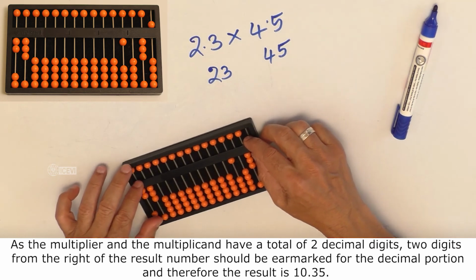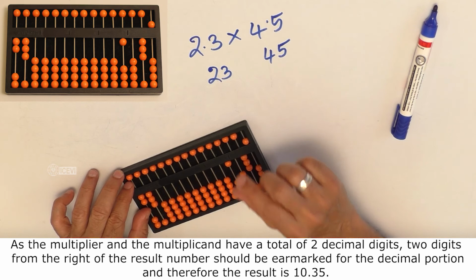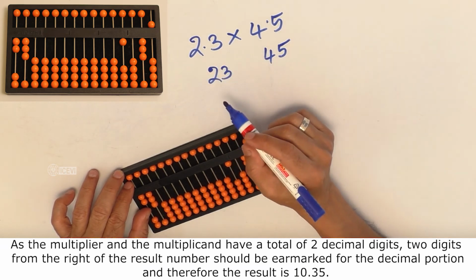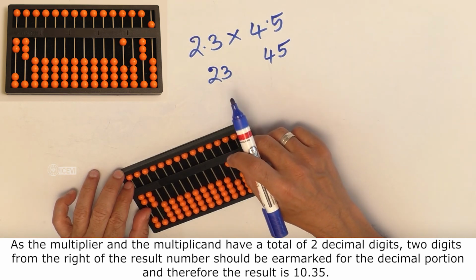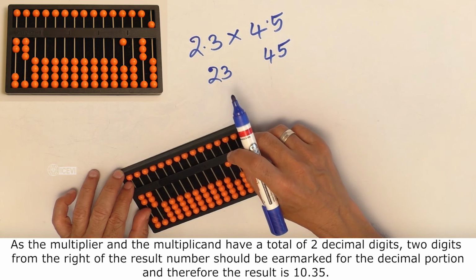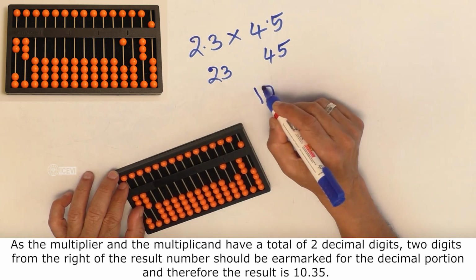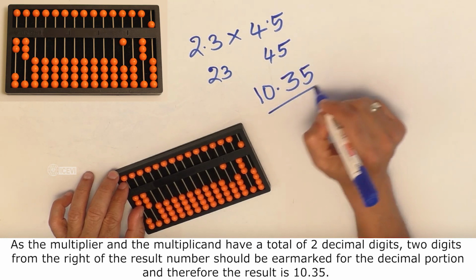As the multiplier and the multiplicand have a total of 2 decimal digits, the 2 digits from the right of the result number should be earmarked for the decimal portion, and therefore the result is 10.35.